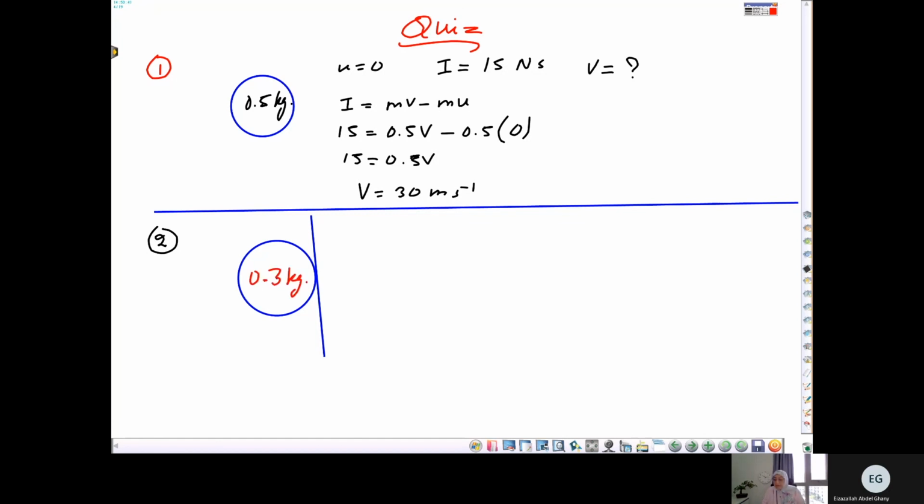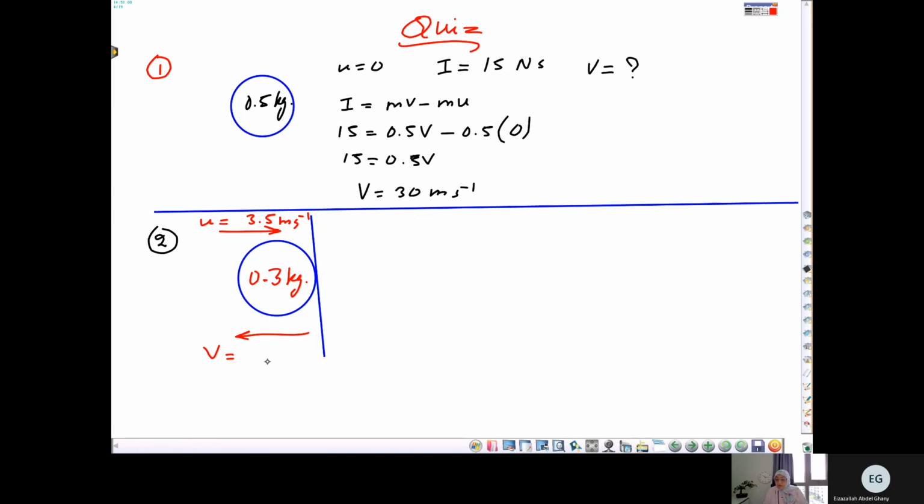Moving along a horizontal surface, it hits a fixed vertical wall at right angles. So here is the initial speed, 3.5 meters per second. The ball rebounds at right angles to the wall. He didn't mention the final velocity.